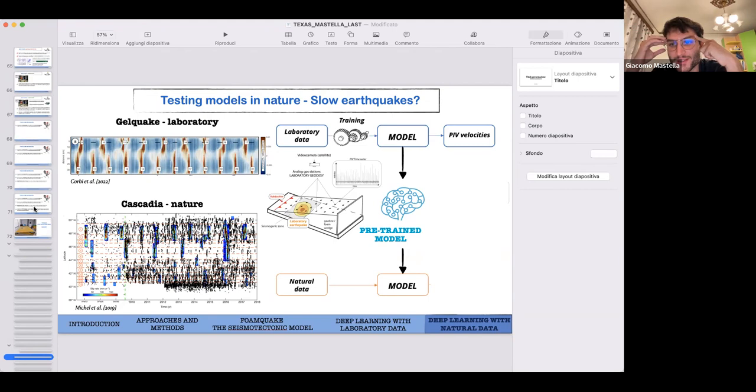Exactly. Yeah, there's not a universal way of deciding these parameters. So what we did was simply to test different possibilities and compare. One thing that we did was compare the results obtained with different configurations.